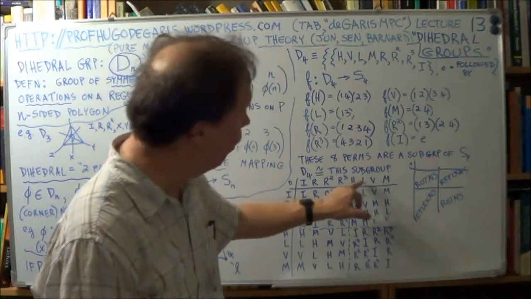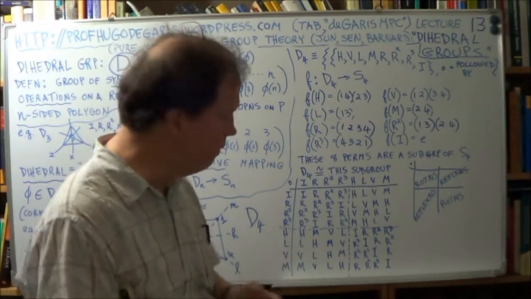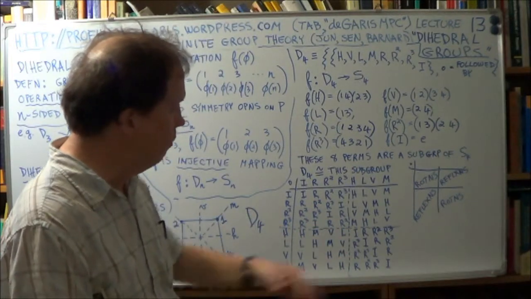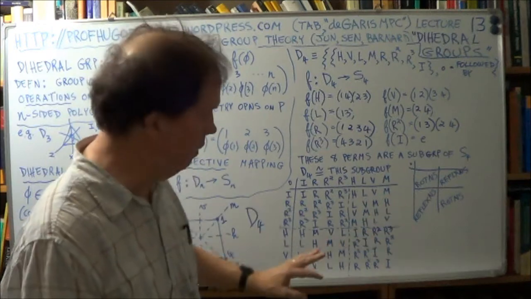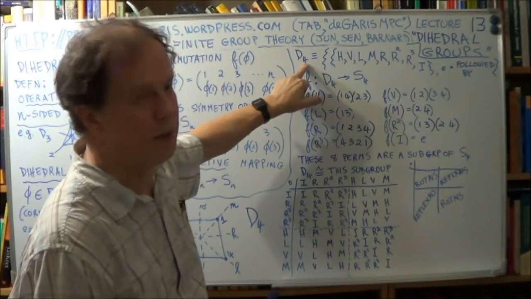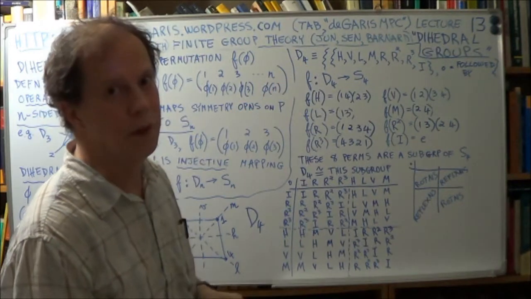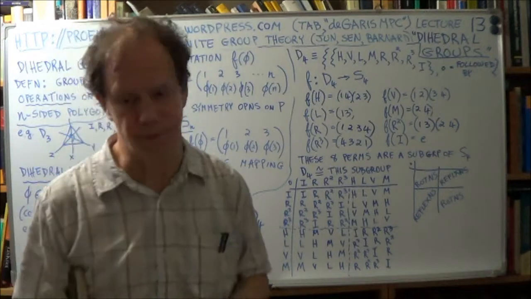Together, plus a few relations, and I'll explain what that is a bit later, we can build the whole D4. And then we can generalize that idea and go to Dn, where n is the number of sides on your polygon. It's an n-gon. Okay, stop there.